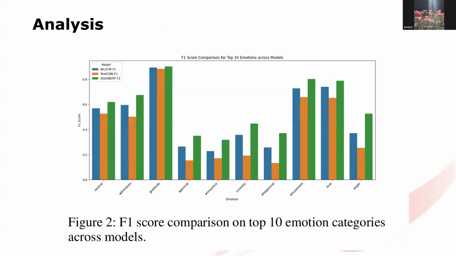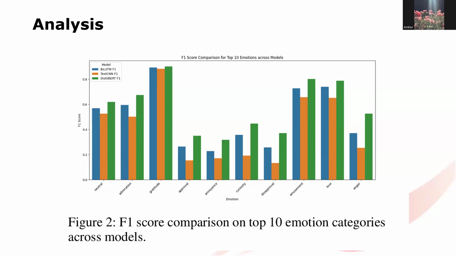This chart shows how each model performs on different emotion categories. All models do well on a clear emotion like gratitude with F1 scores over 0.9, likely due to obvious cues like thank you.